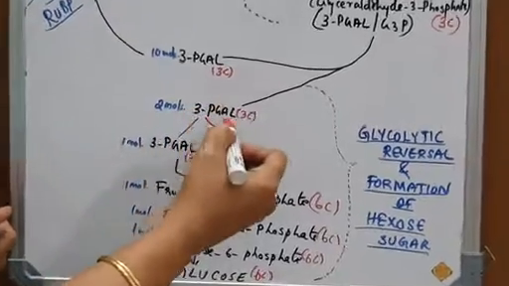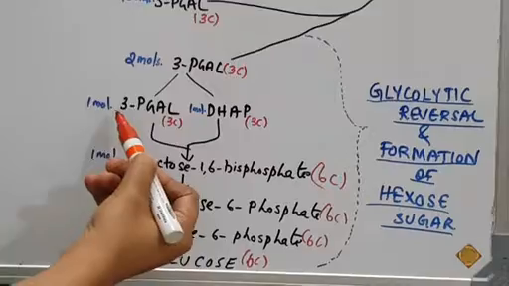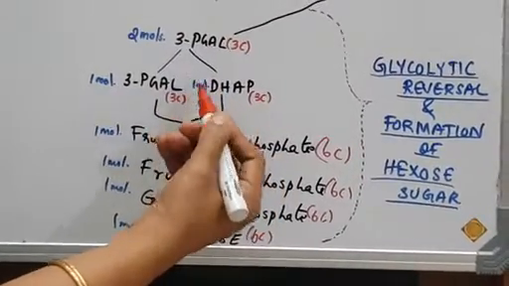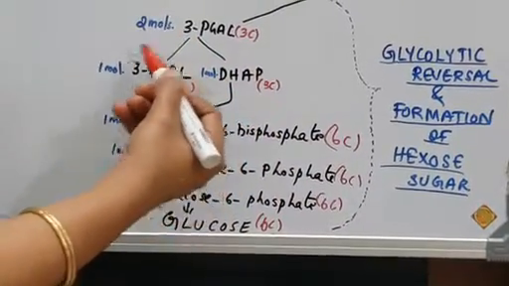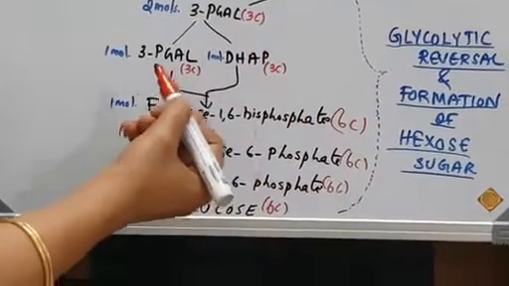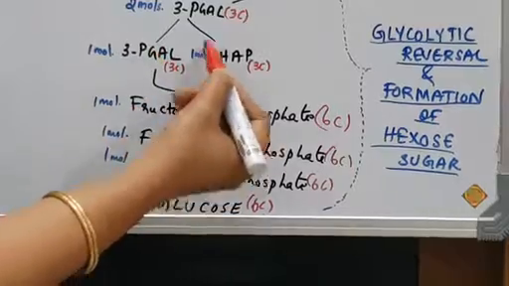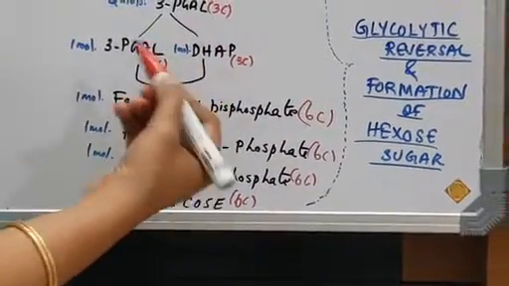Out of these 2 molecules, 1 molecule of 3-PGAL is soon converted to DHAP. What is DHAP? DHAP is the isomeric form of 3-PGAL. This is an aldose sugar, this is a ketose sugar. Both are triose sugars, 3 carbon. DHAP is simply the isomeric form of 3-PGAL, so they are readily interconvertible.